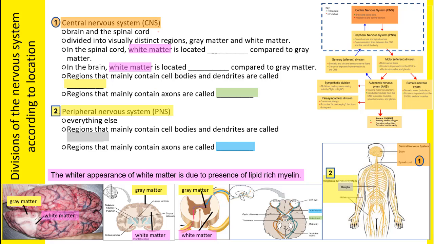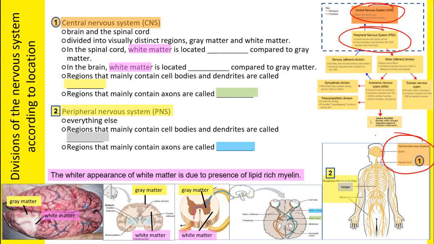So to start off with, the nervous system can be divided according to location. When we divide the nervous system by location, we can divide it into the central nervous system and the peripheral nervous system. The central nervous system consists of the brain and spinal cord.